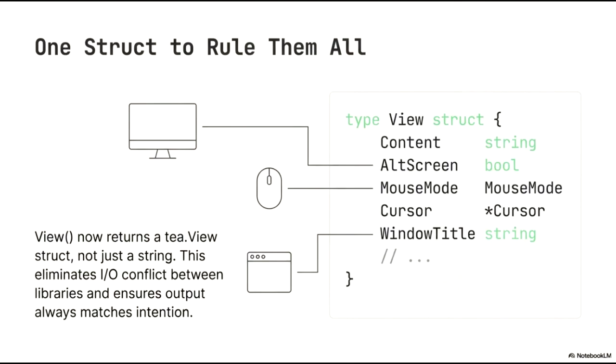By centralizing UI state, including the content itself, alternate screen modes, mouse interactions, cursor positioning, and even the window title, into a single object, we ensure that the final output always precisely matches the developer's intention. Instead of disparate libraries competing for terminal control, this single struct acts as a single source of truth, allowing the framework to manage complex escape sequences and terminal states deterministically.